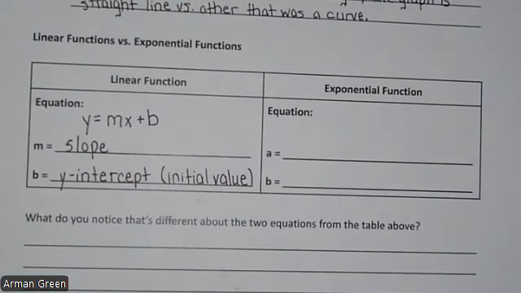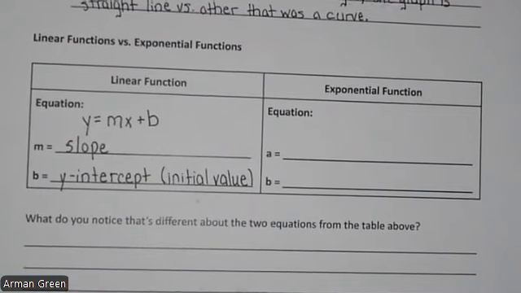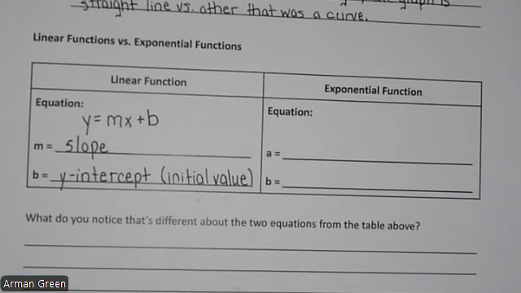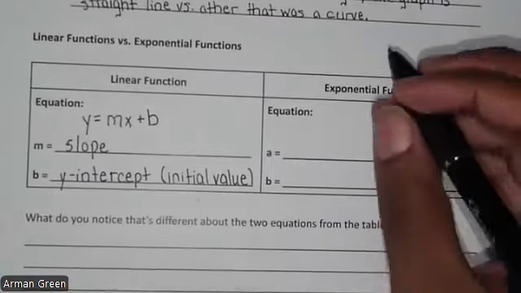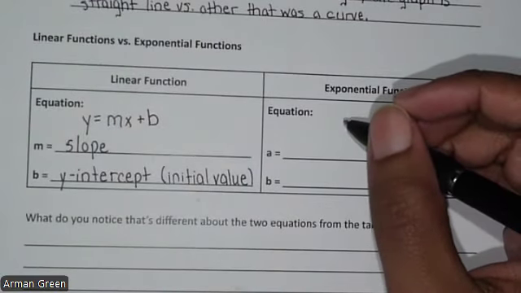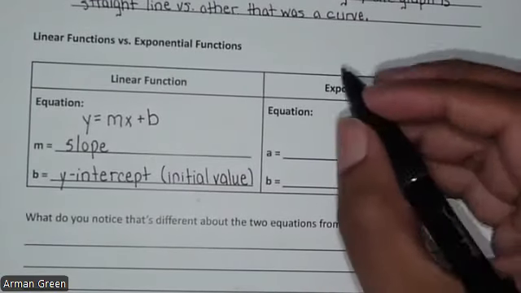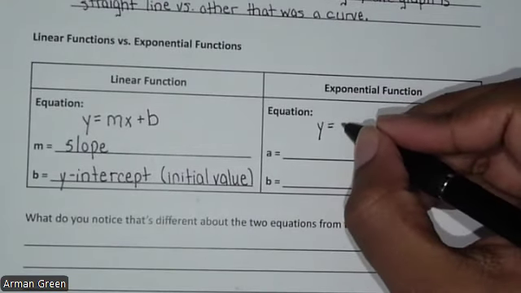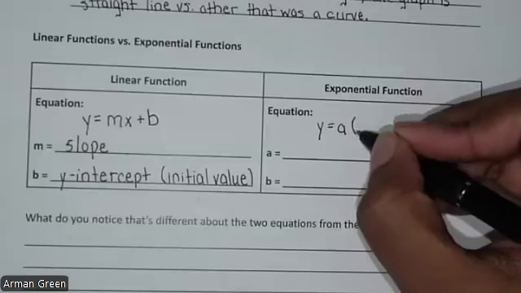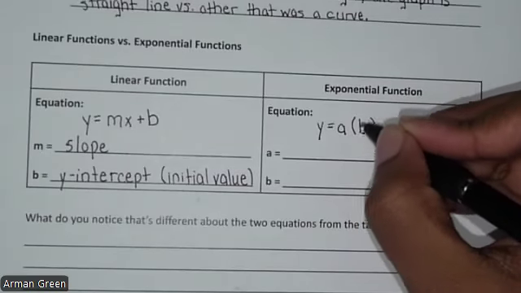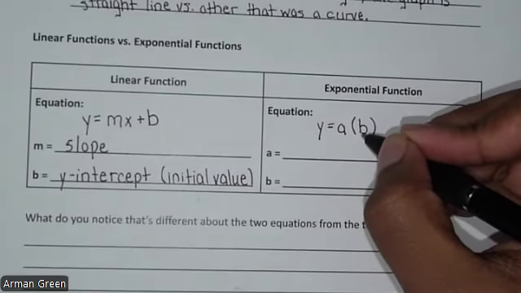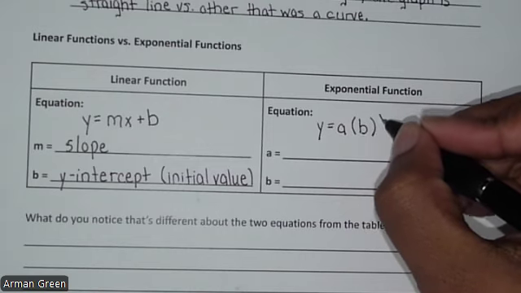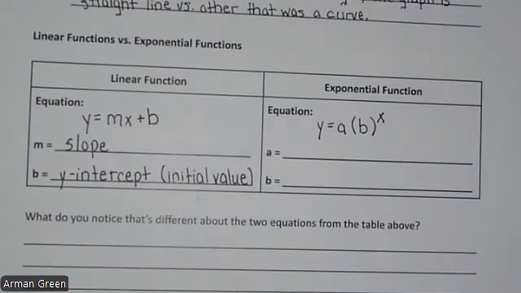And now what we're going to focus on is exponential functions. So these types of functions are written a little bit differently. The general equation for the exponential function, we're going to say y equals a times b, where note here I wrote b in parentheses, and the exponent here is x.